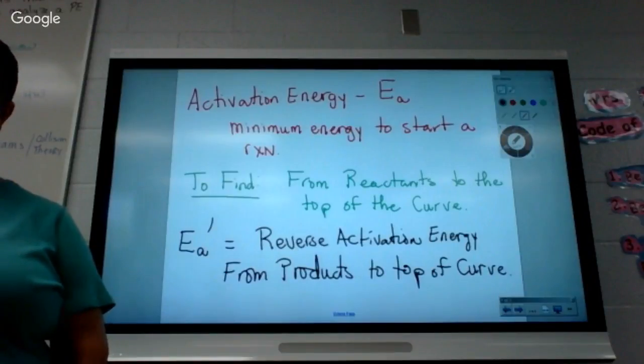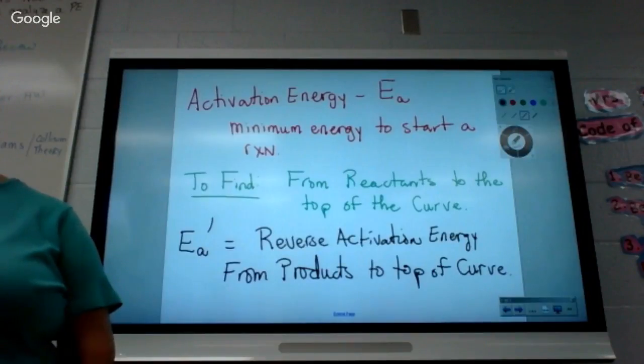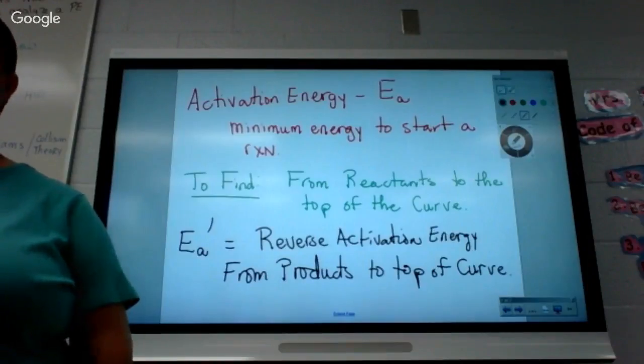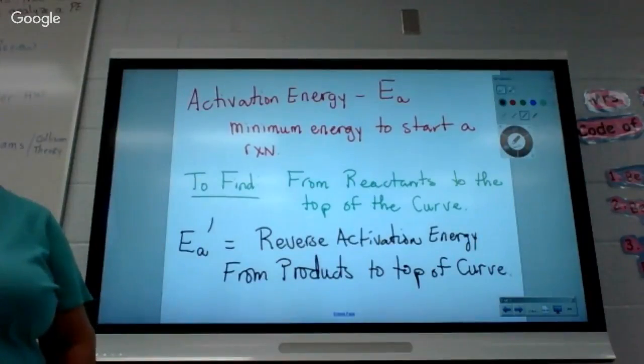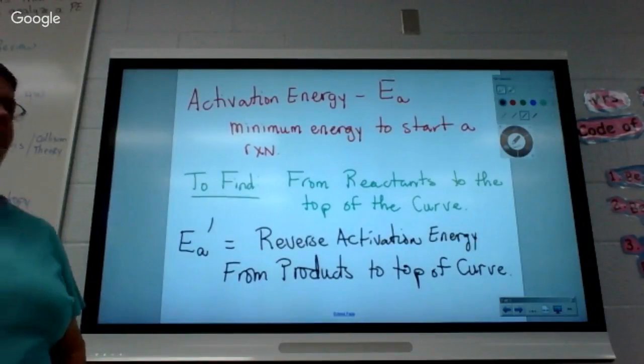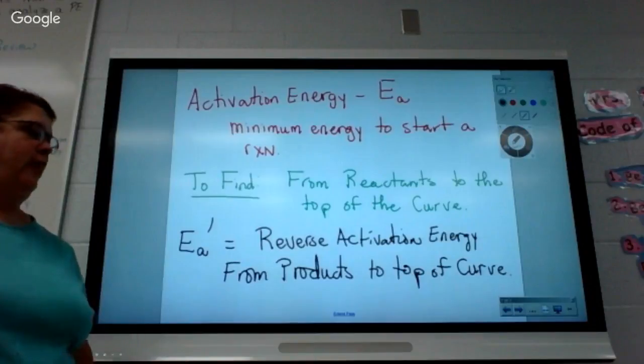From the products, because you're reversing it. So where do you start if you reverse the reaction? No, that's just earlier you said from the reactants. Oh, sorry, from the products. I meant products. I'm getting old. Hey, at least today I didn't come in and tell you I forgot to teach something yesterday. I did that the last 2 days. From the products.